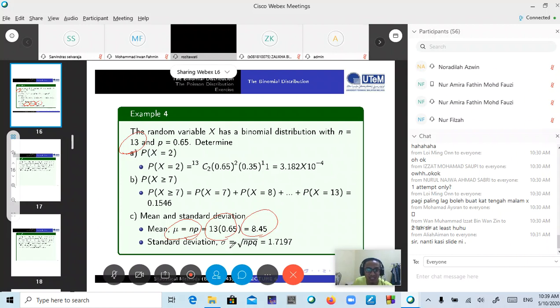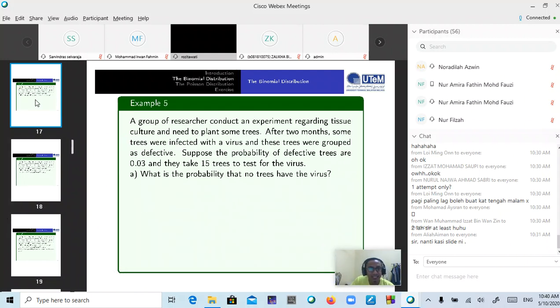Standard deviation is the square root of npq. So you multiply n, 13, by p, 0.65, by q, 0.35, and then take the square root. So your answer is 1.7197.